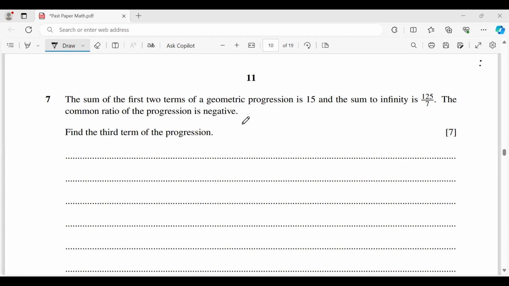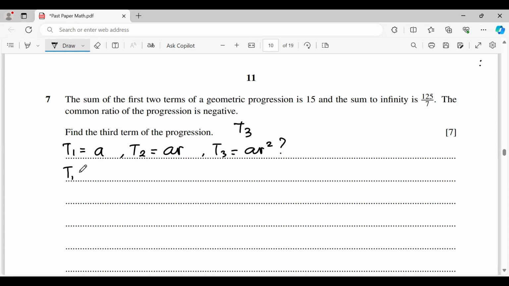So we are going to find the third term, or T3. Okay, right. So T1 is A, so geometric progression, and then T2 equals AR, and T3 equals AR squared. So we're going to find this term 3, right?